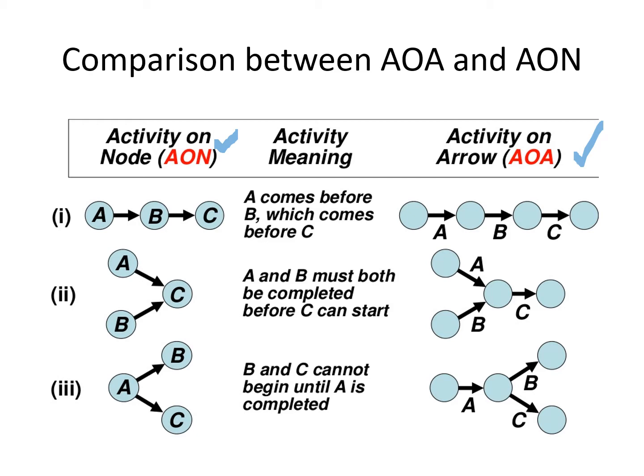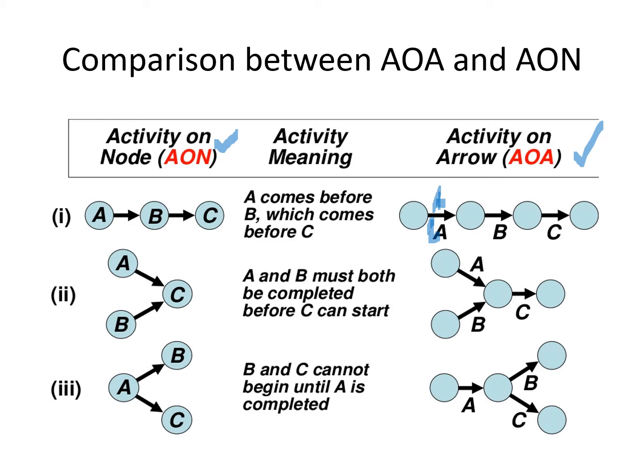So activity on arrow, or also called activity on arc as far as this book is concerned. The arrows are the activities. So typically the activity A is written above the arrow, and below the arrow you have the time. Maybe it is 2 days or 1 day or 1 week or whatever it is. So the time is written below. That is as per the convention. In any case, it is the arrows which are representing the activities.